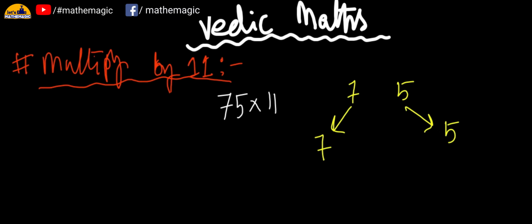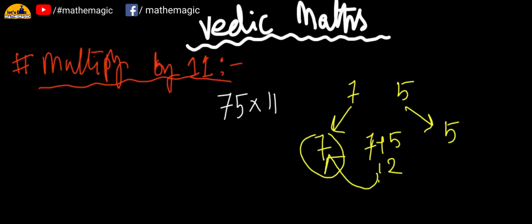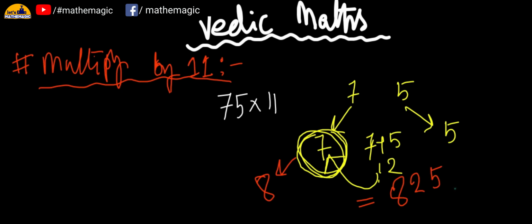And as you know, in the middle I am going to put the addition of them. Therefore 7 plus 5 is 12, right? But I am not going to put 12 in between. 2 I will be putting over there, and 1 will be the carryover. This carry 1 will be added to the previous one, so 1 will be added with 7. Therefore the ultimate number that comes out is 8, 2 and 5.